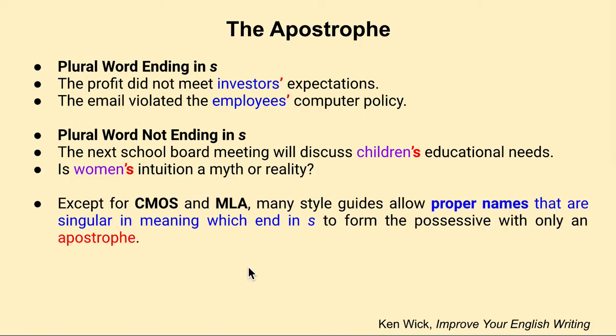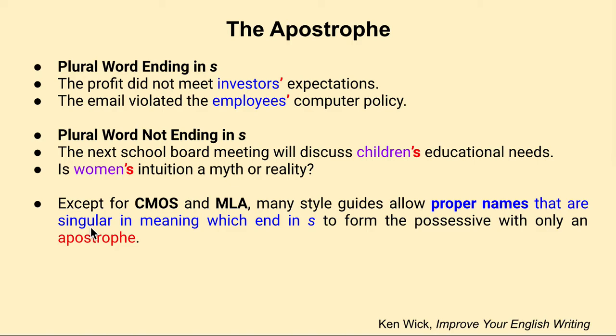So then a nuance here about proper names. Except in the Chicago Manual of Style and in the MLA, many style guides allow proper names that are singular in meaning but end in S to form the possessive with only an apostrophe.